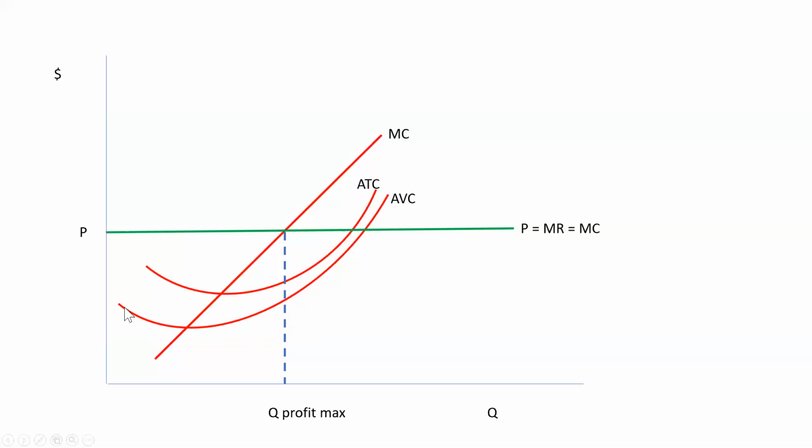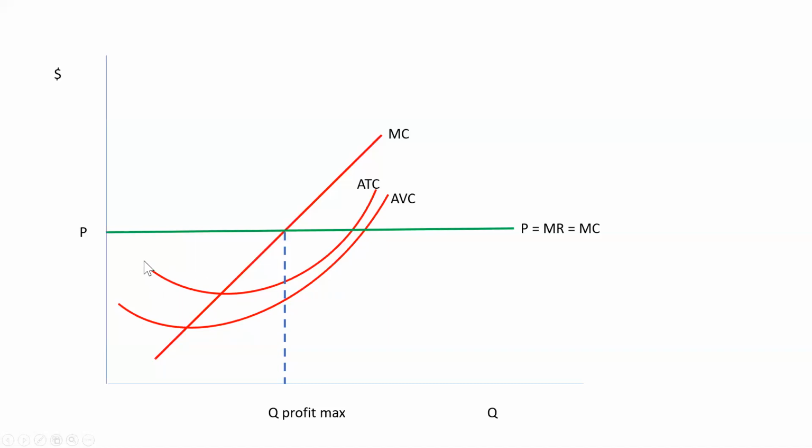That number initially starts high and then gets low and then starts to get higher again as we account for the greater cost of acquiring additional units of labor, capital, supply, and so forth. The average total cost curve is always going to be bigger than the average variable cost because it includes not only the variable costs, but also the fixed costs.